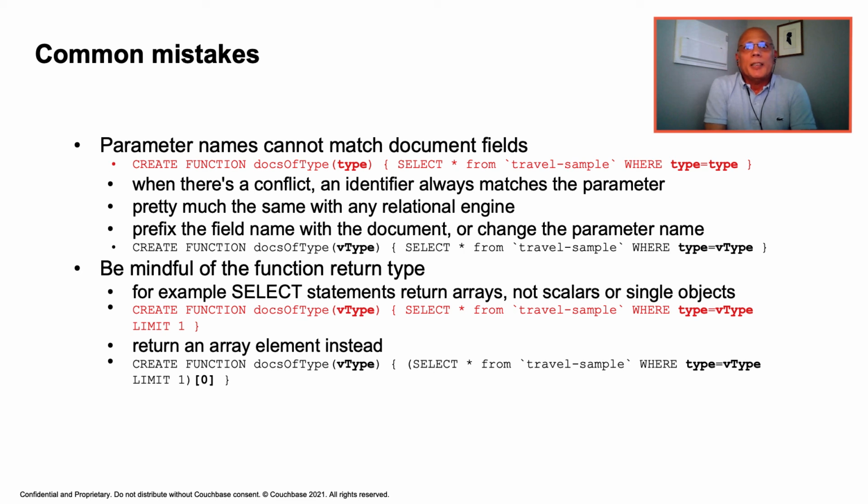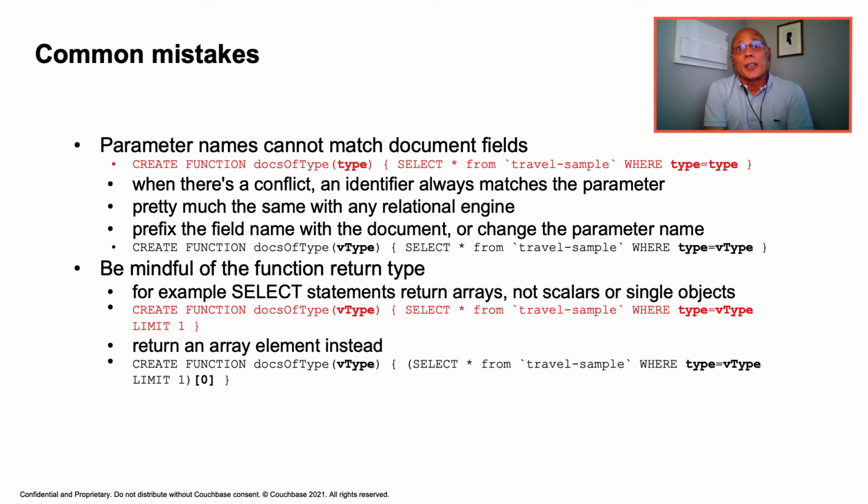A couple of common mistakes. When you have parameter names and document field names that match, how do you resolve that ambiguity? Well, relational engines, and N1QL has taken a cue from that, always resolve a matching identifier to the parameter.